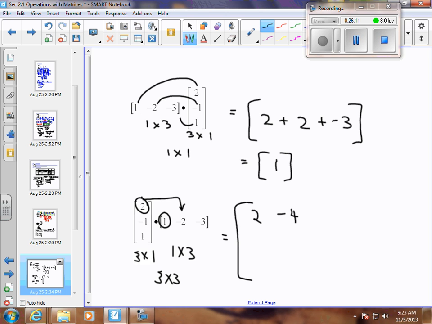Completing the top row, first element times the third column. The second row is gotten by multiplying the second row by each column individually. And same thing with the bottom row. 1 times 1, 1 times negative 2, 1 times negative 3.